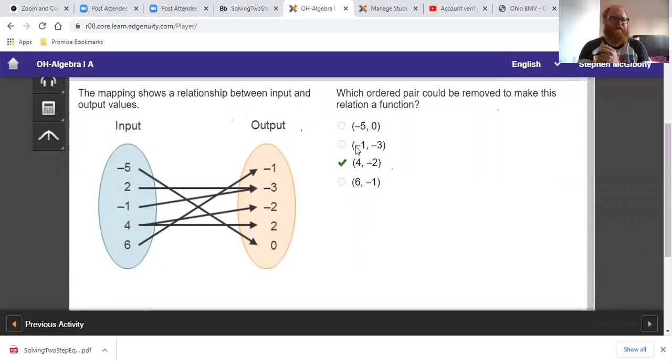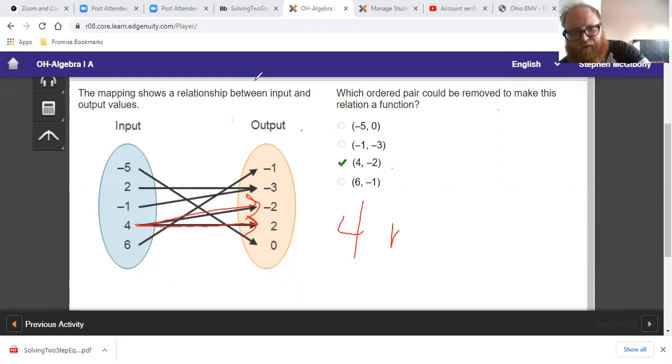All right, now for a function to be a function, the x values cannot repeat. So we can't have an arrow going from one input to two different outputs. So we have an arrow going from 4 to -2. We also have an arrow going from 4 to +2.